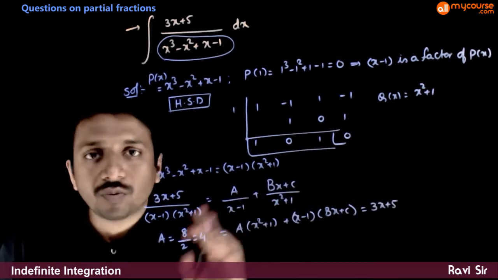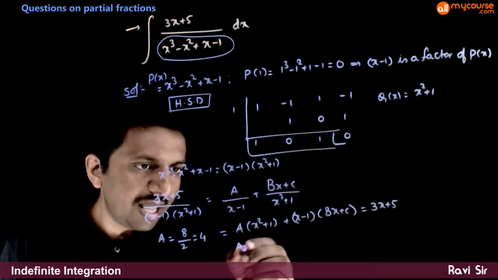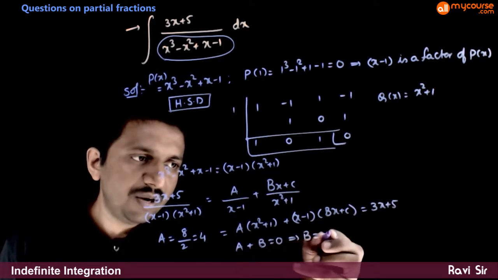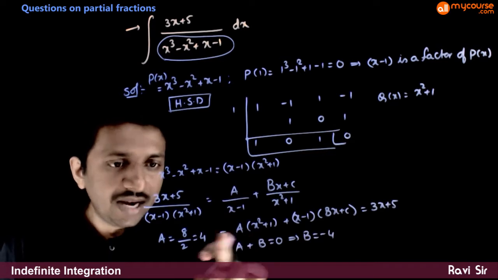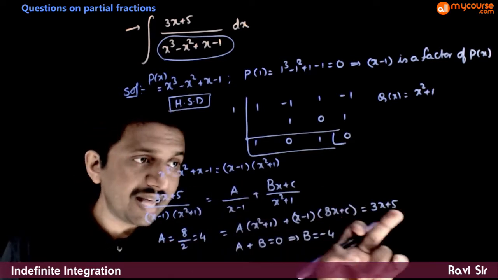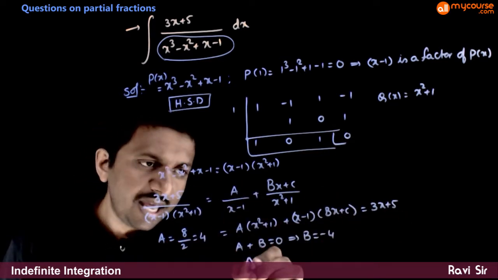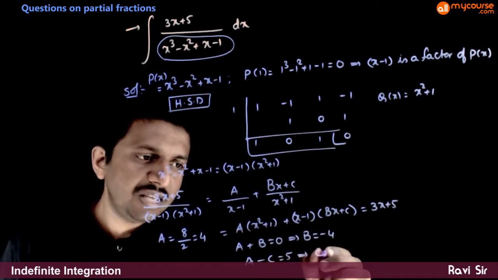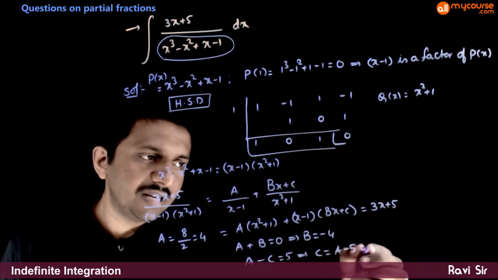The coefficient of x square has to be equal to 0, so a plus b has to be equal to 0. This implies b equal to minus 4. And the constant term has to be equal to 5, so a minus c is equal to 5. So c is equal to a minus 5, that is equal to minus 1.